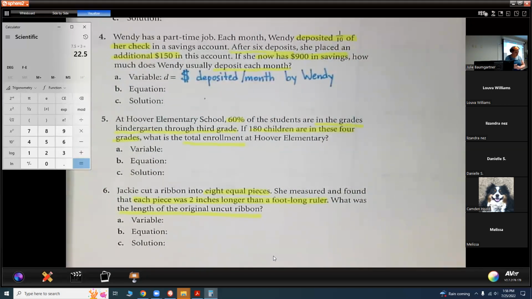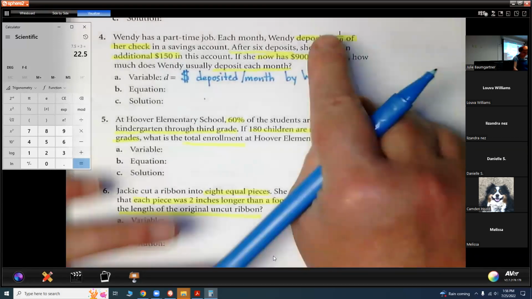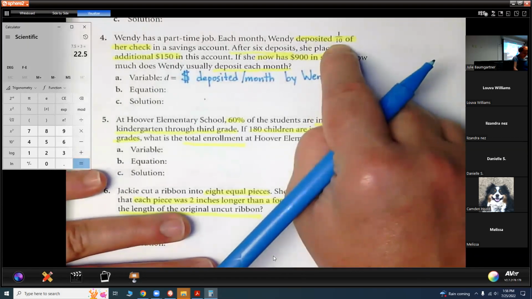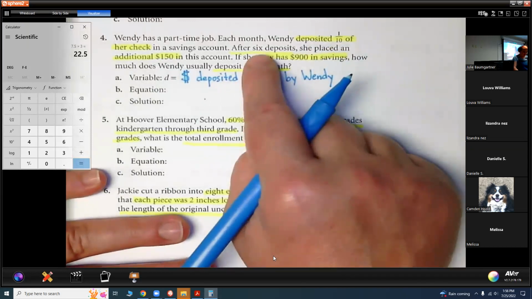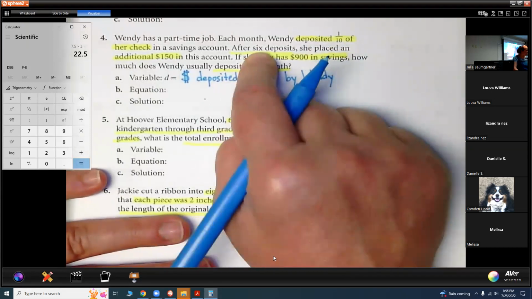So when we think about the equation, did anyone get an equation written to help solve this one? What's the solution? She deposits 1/10 of her check, and we're doing it after 6 deposits.